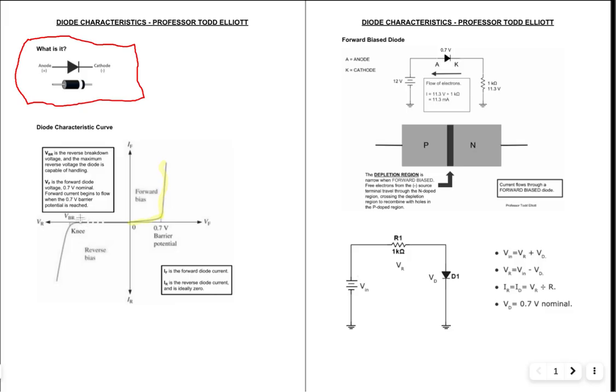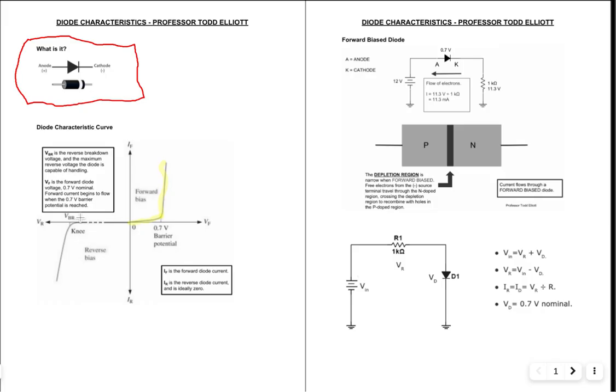And it hits this point, VBR. VBR is the maximum reverse bias repetitive voltage. It's a data sheet number that the diode can tolerate without being damaged.